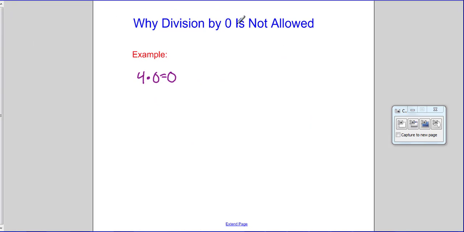So now, why can we not have division by 0? I cannot, for example, do 4 divided by 0. This is not allowed. The reason is that it will create a contradiction in our mathematical system.